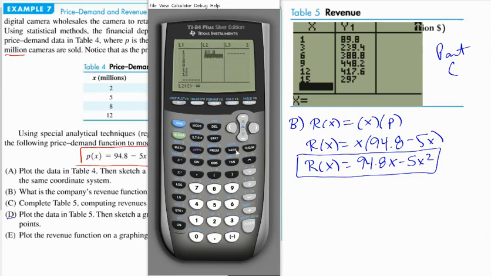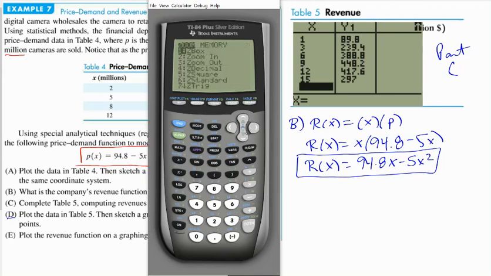And now we'll put the revenue values in.